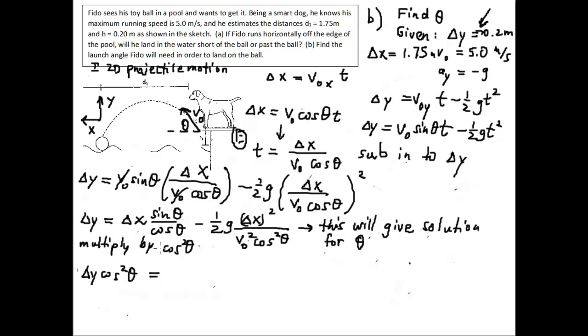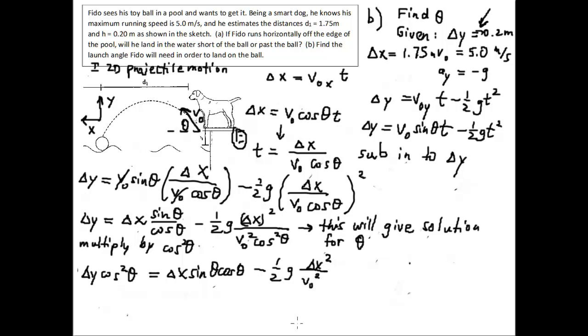The right-hand side, if I multiply this first term by cosine squared theta, I get delta x sine theta cosine theta. And then the last term is minus 1/2 g delta x squared over v0 squared.